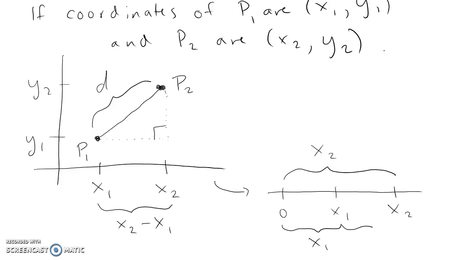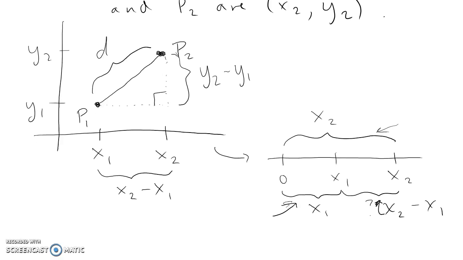So if we're looking for the distance between x1 and x2, we would take the entire distance, cut off the smaller distance of x1, and we would be left with x2 minus x1. We can do a similar thing with the y's. This distance here will be equal to y2 minus y1.